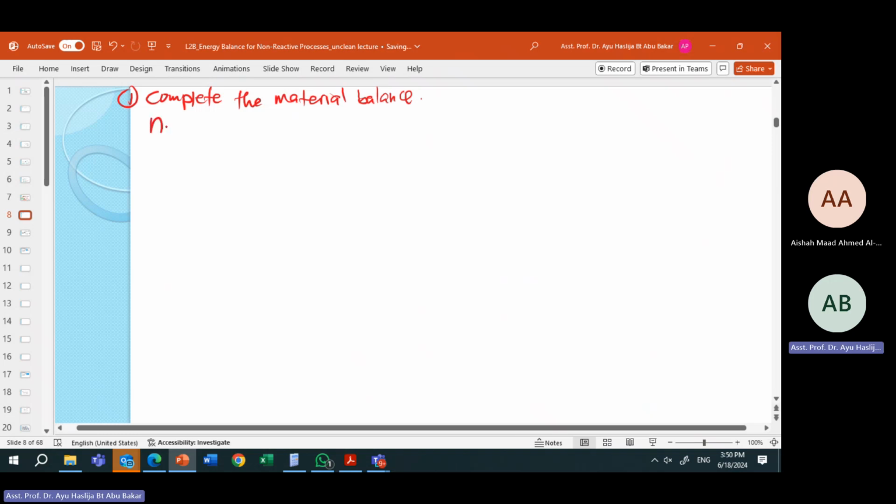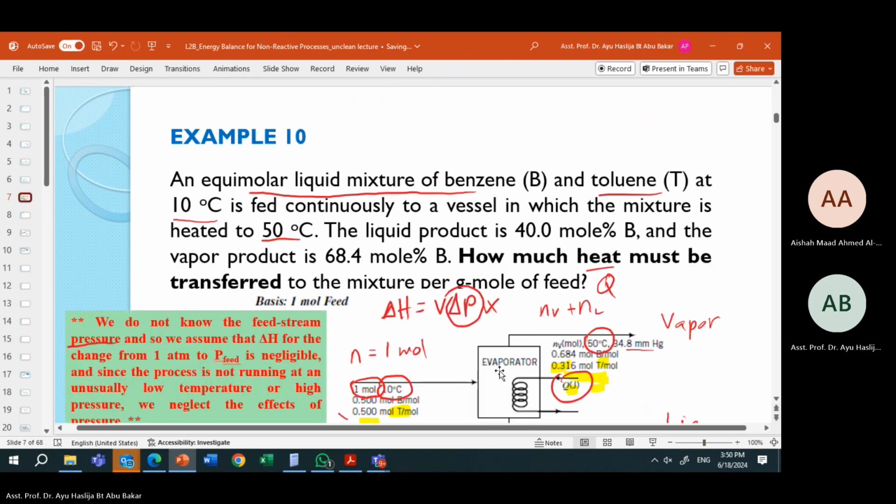We know that NV plus NL equals to 1 mole. In equals to out. So from here, I copy back this diagram so that later we need to refer.